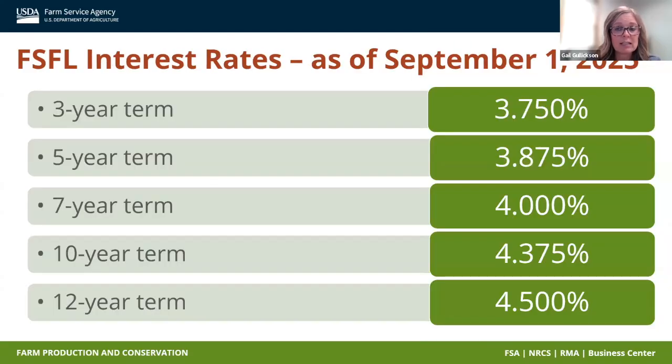Here are the interest rates. Again, it's a cost of borrowing money. There are separate interest rates for this program, and they are updated monthly and will be different for the 3, 5, 7, 10, and 12-year terms. The interest rates for FSFL are the rates in effect during the month of the loan approval and will be in effect for the term of the loans. Rates are published on FSA's website, and they're posted in the county offices too.